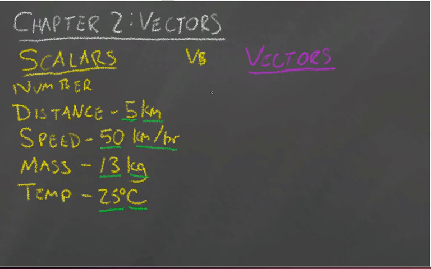Okay, now vectors are different because with vectors we require a number, which we call the magnitude, and a direction.